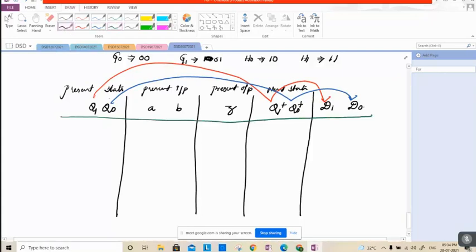How many input combinations will be here? This is 0 0, 0 1, 1 0, and 1 1.